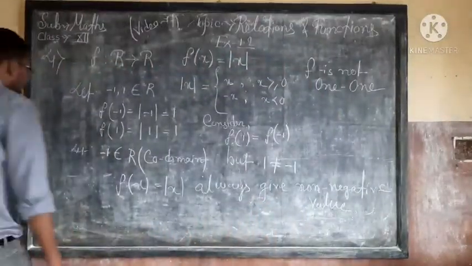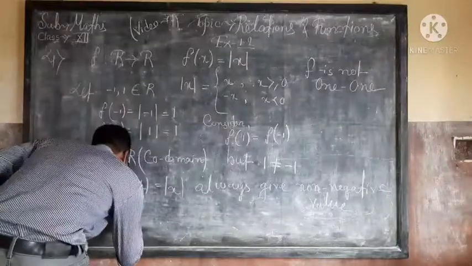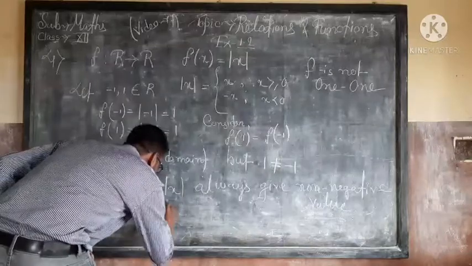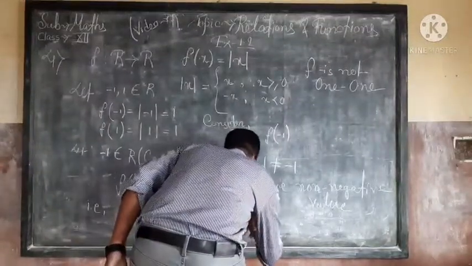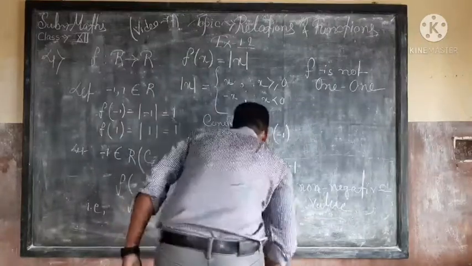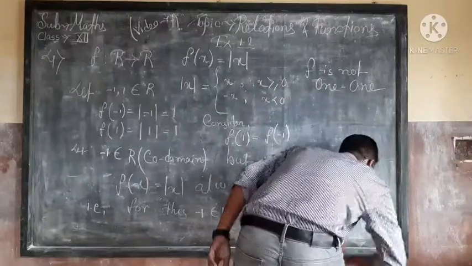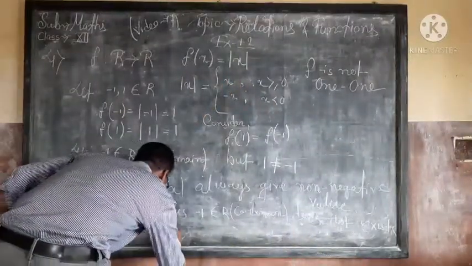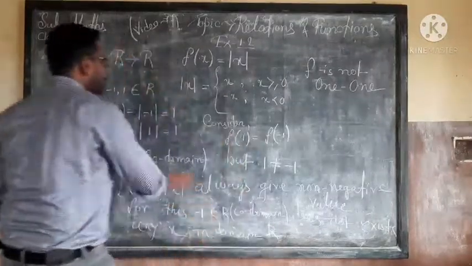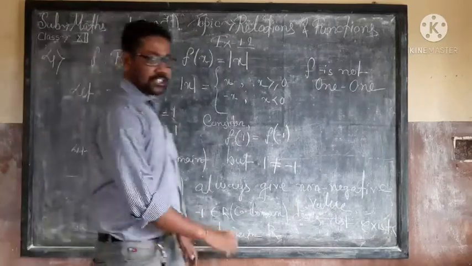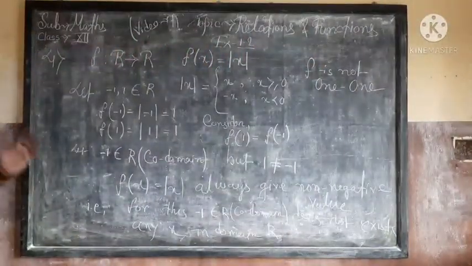That means for this minus 1, which belongs to the codomain R, there does not exist any x in the domain R. So for this condition, f also does not satisfy the onto criteria.